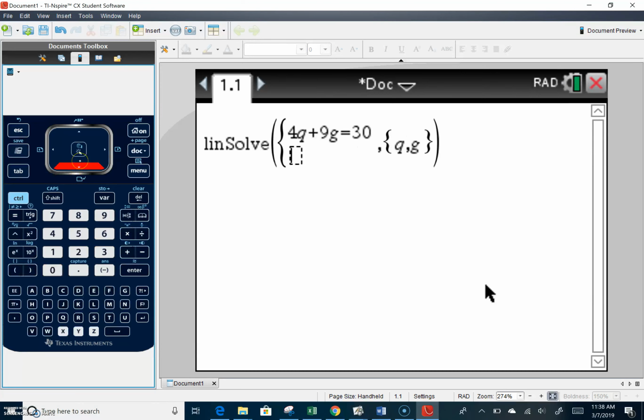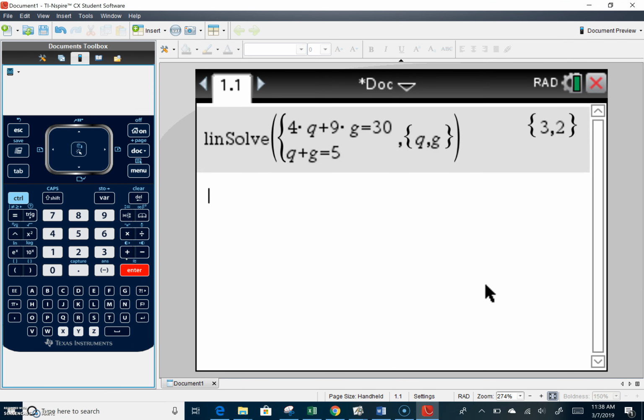Then I go down, Q plus G. It doesn't matter which order, but I'll delete it anyway, because you want to keep it the same. Q plus G equals 5. Enter. So the answer is 3 and 2.